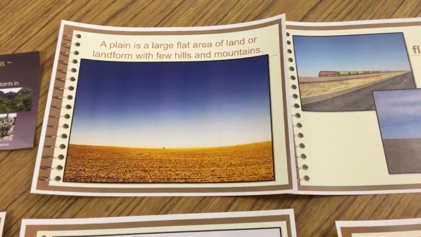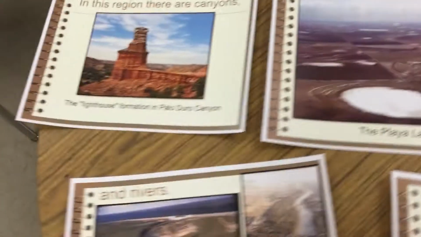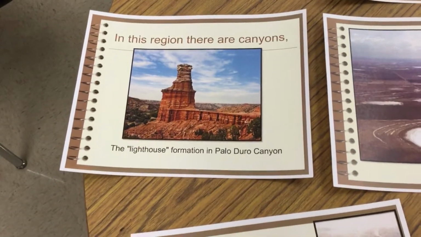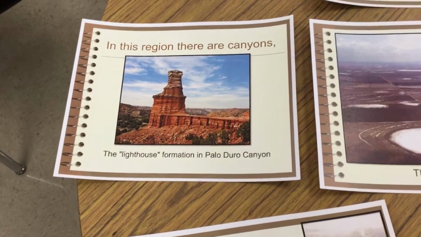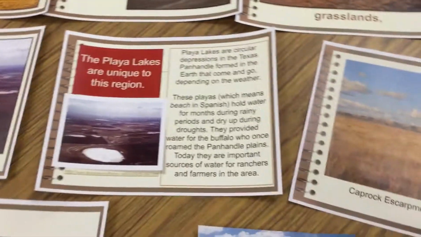These are different kinds of landforms that you might see, which is a plain, remember, just a flat plain area. Grasslands you may see. You also might see some canyons in this area, and there are some national parks with canyons and some lakes in this area of Texas.